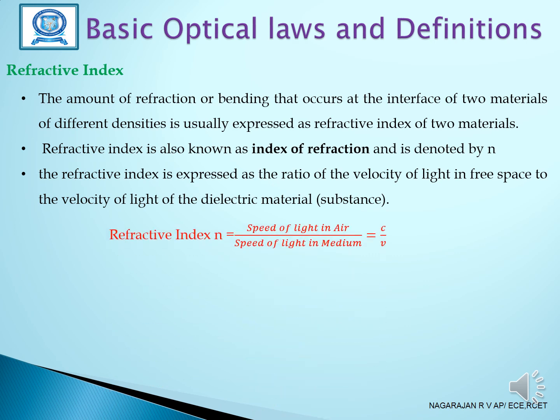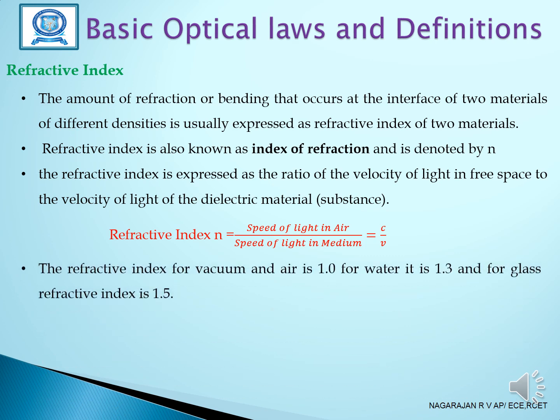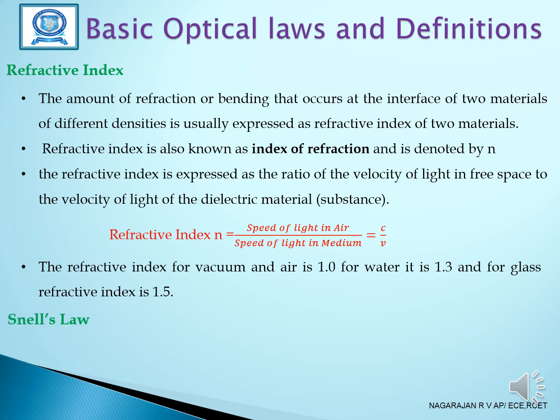So generally, the refractive index is nothing but the ratio of the speed of light in air to the speed of light in the medium. So in refractive index we have two media. The refractive index for vacuum and air is 1, for water it is 1.3, and for glass the refractive index is 1.5.